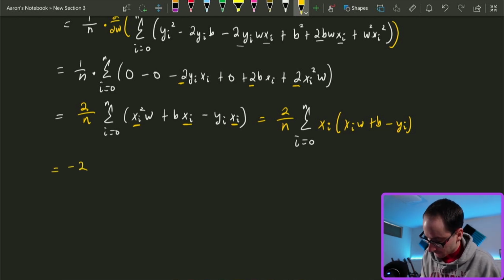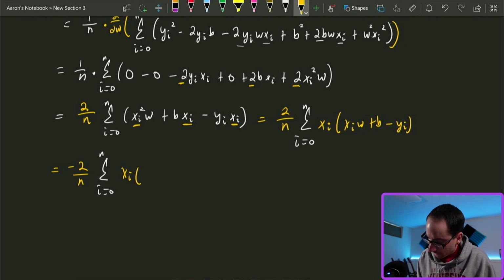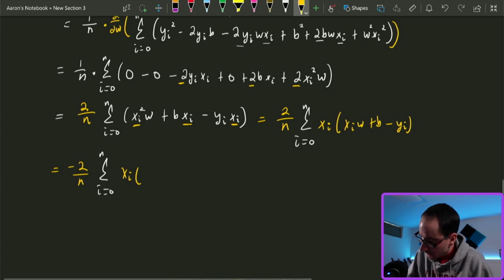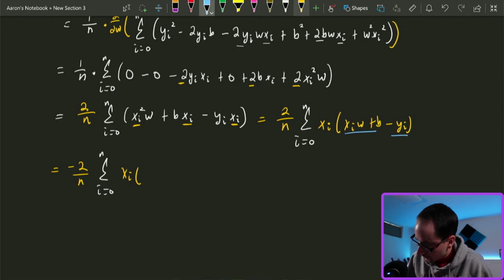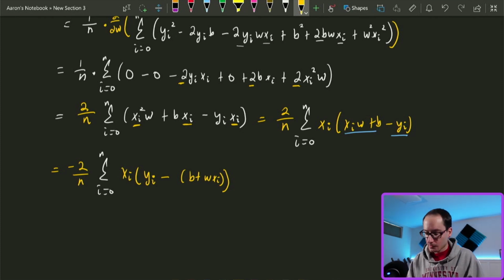So this is equal to -2 over n times the sum as i equals 0 to n, and then I've got my xi. If I factor out a -1 here, I basically reverse the order of the subtraction, so I have yi minus b plus wxi. There we go. Just taking advantage of some algebraic manipulation.